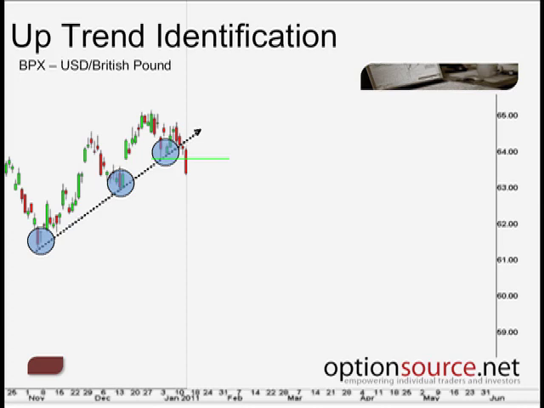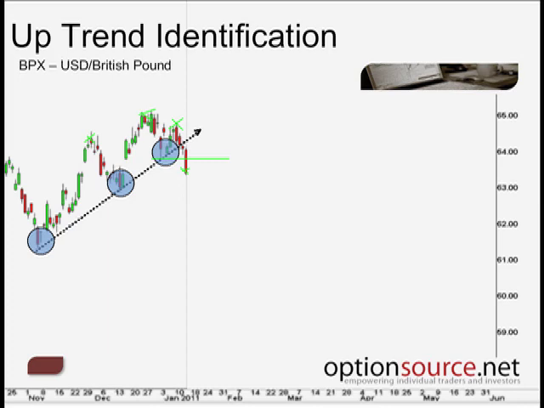So that observation gives us an inclination that the trend may be starting to change, because we're no longer making higher highs, as you can see here, higher here, higher here, and higher lows. We're starting to make lower highs, and now here we have a lower low.